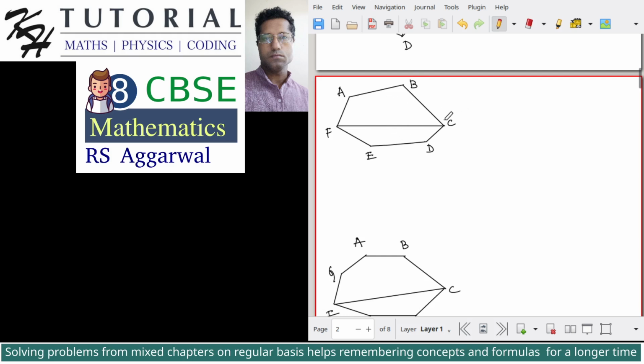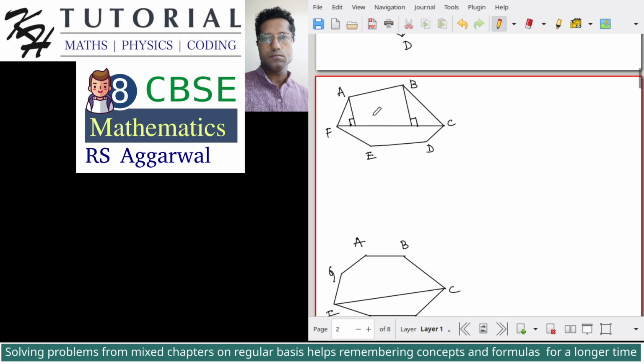ABCDEF is a hexagon, and let's say we are given in the problem figure the diagonal FC, and also the perpendiculars from all the other vertices, that is A, B, E, D, on this diagonal FC. My drawing is very approximate. It will never be accurate, so please keep this in mind.